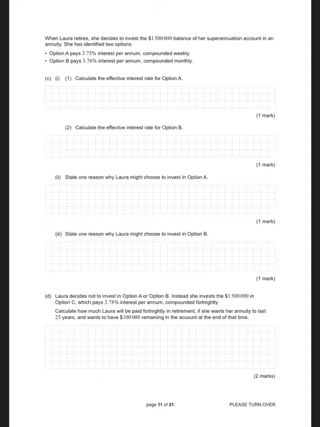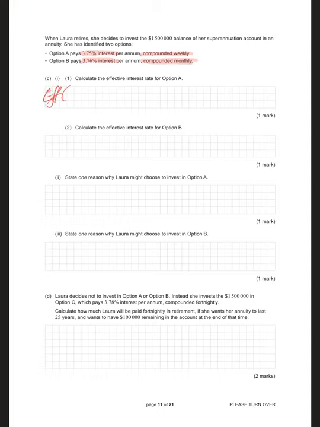Page 11, when Laura retires, she decides to invest her $1.5 million in an annuity. She's identified two options. Calculate the effective rate for option A. Option A has that, compounded weekly. Option B is that, compounded monthly. So both are compounding, so we can use the EFF function.